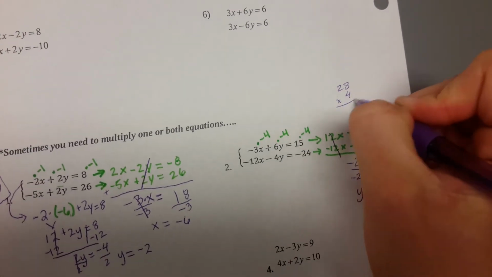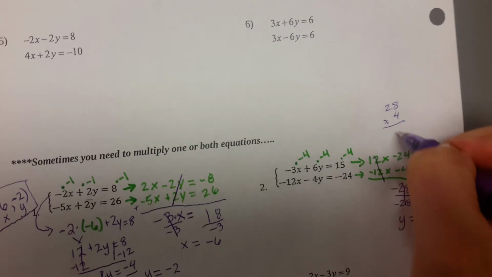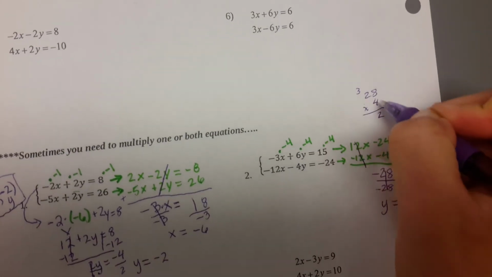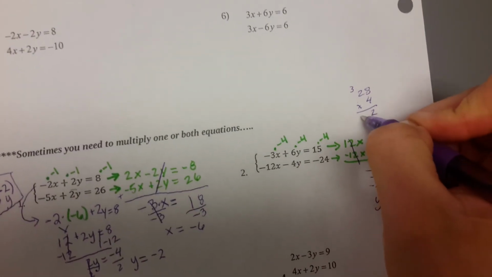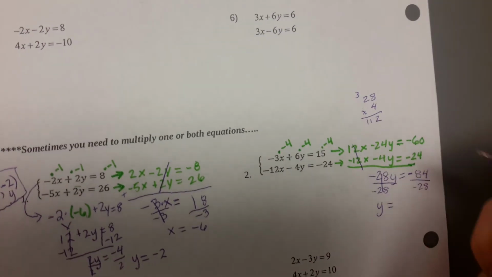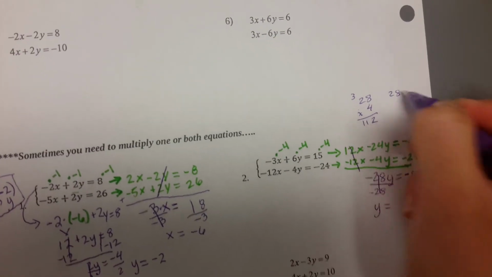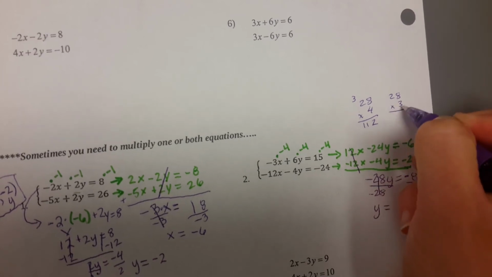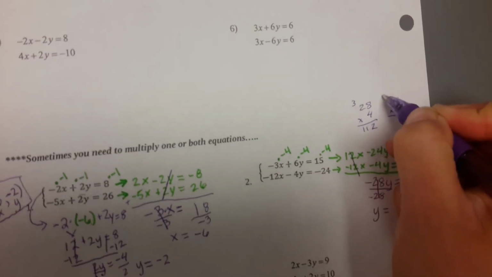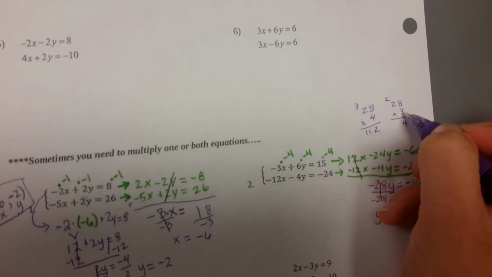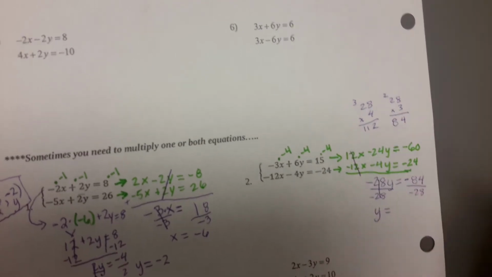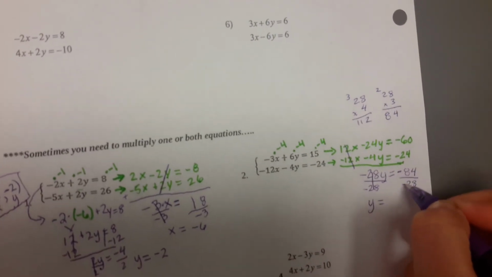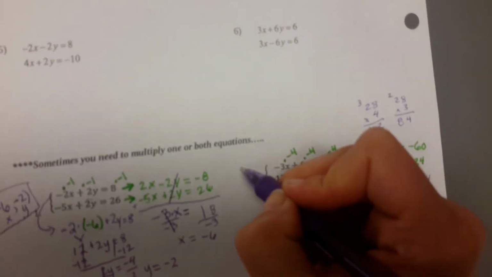Let's see. 8 times 4 is 32. 8, 9, 10, 11. Too many. Let's try 3. 8 times 3 is 24. 3 times 2 is 6. That's it. So it was 3. +3.